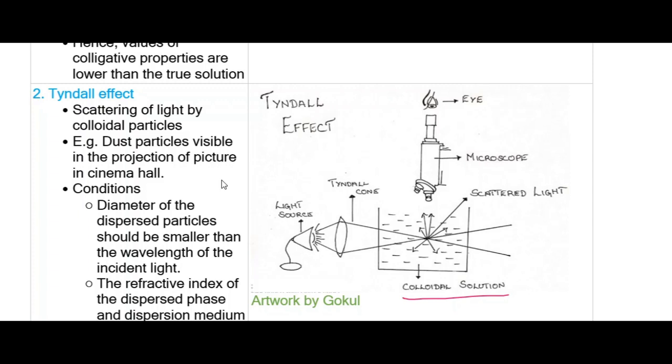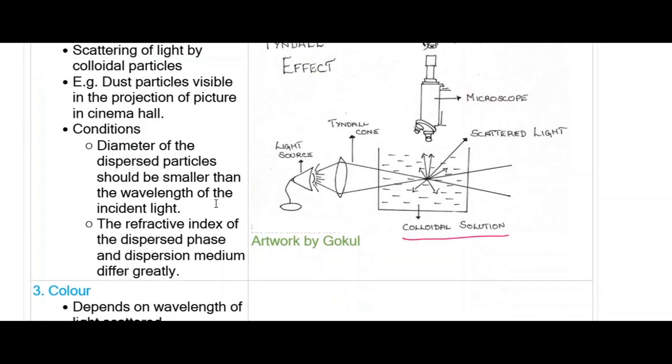Now, what are the conditions for the exhibition of this Tyndall effect? First of all, the diameter of the dispersed particles should be smaller, because it should be scattered, is it not? So it should be smaller than the wavelength of the incident light. Then the refractive index. What is refractive index? That is represented by mu, is it not?